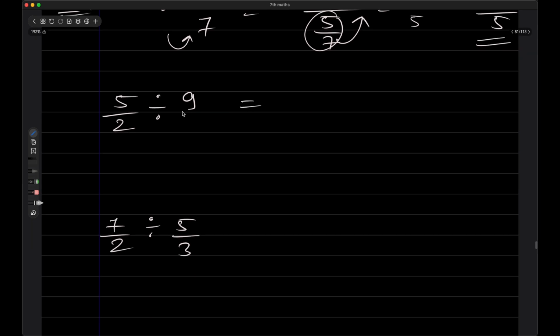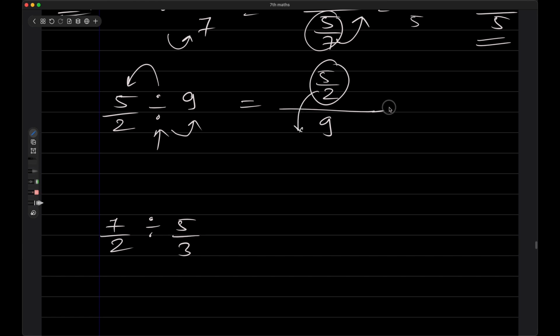For second example, start from the division line, left side above division line, right side below the division line, and then send denominator to opposite side, that is equals to 5. Send 2 to the opposite side and 9 as it is, that is equals to 5 divided by 18.